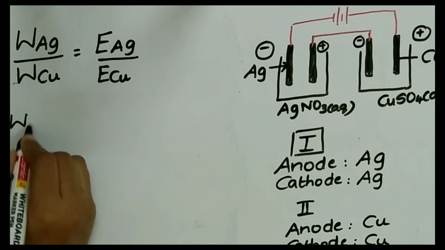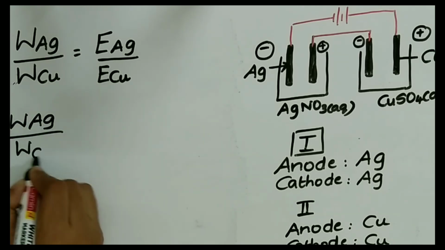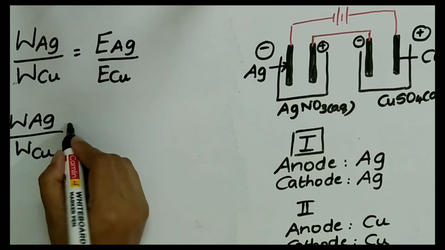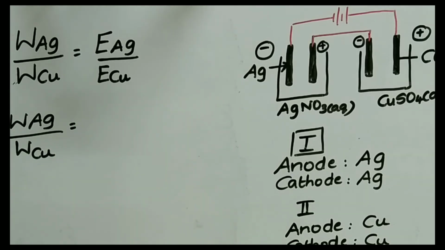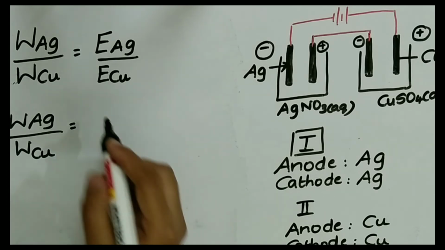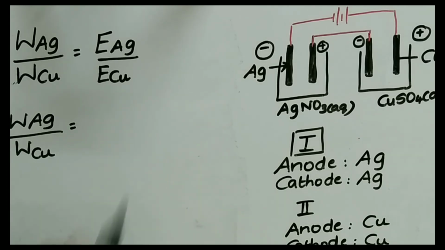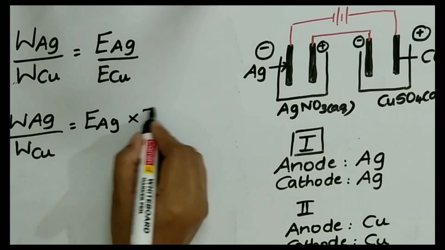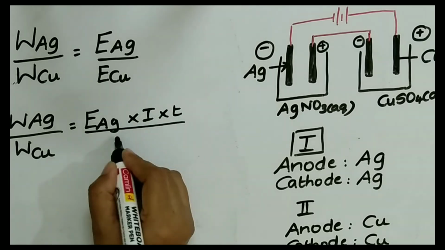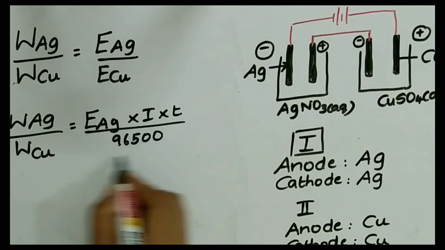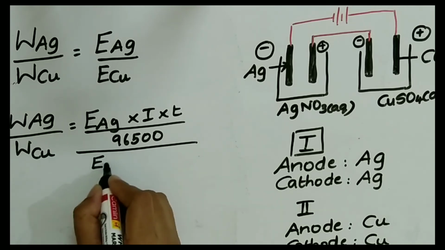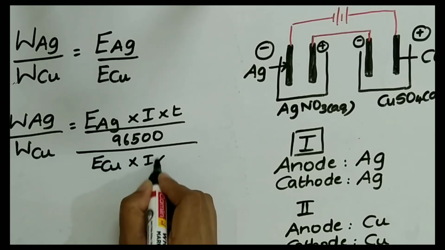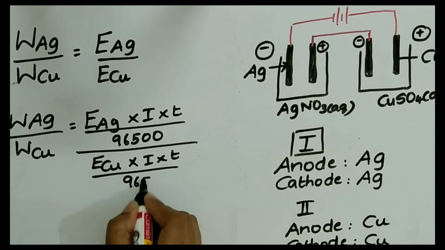So W of Ag upon W of Cu is equal to, now you remember the equations we have written previously in Faraday's first law. Few equations we derived, the same we will write. After the equivalent mass equation you have to check. So equivalent mass of Ag into I into T upon 96,500, whole divided by equivalent mass of copper into I into T upon 96,500.